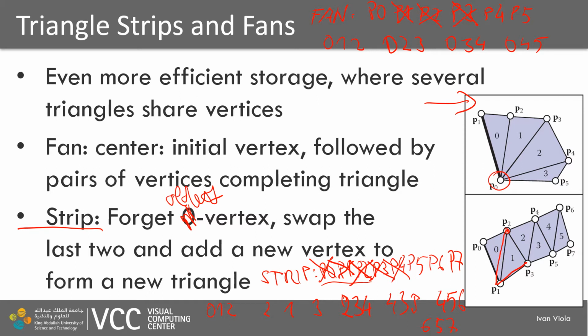So this way we have defined a triangle strip and triangle fan with just a sequence of indices of these vertices. We have implicitly defined how they are connected in this higher level sequence of triangles.